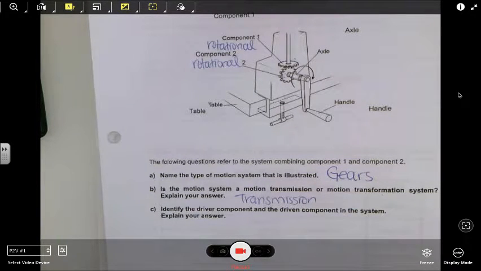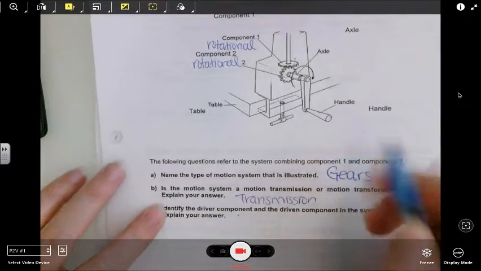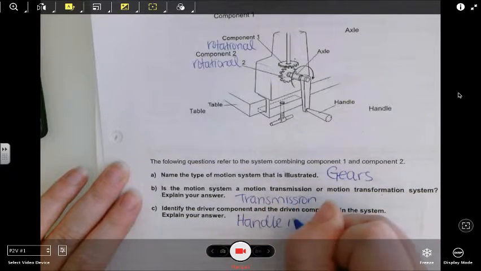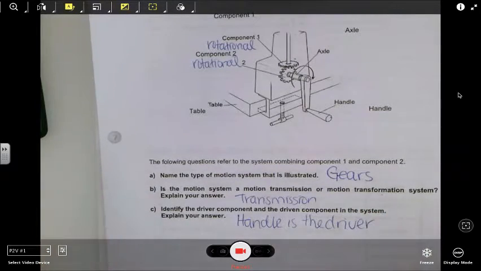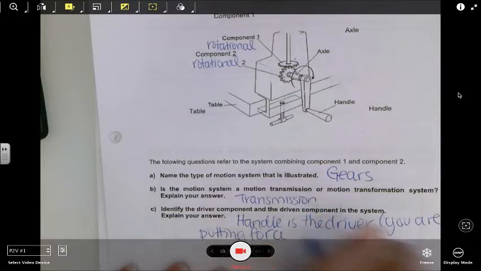It's being driven by pushing your feet, okay? So the driver component in this case would be the handle. So handle is the driver. Your explanation can just be that you are putting force on this. So your hand is putting force on the handle.